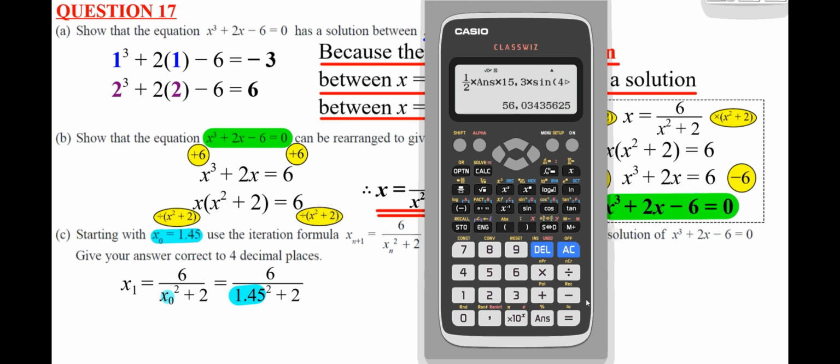So if we try that, we type 6 over 1.45 squared plus 2, and press equals. 1.462522852. We want our final answer to be super accurate. My strong suggestion is to not round the first answers off at all. Write that down in its entirety.